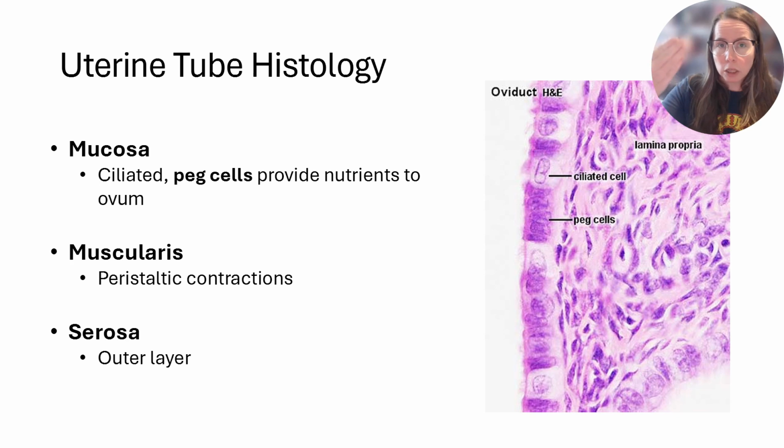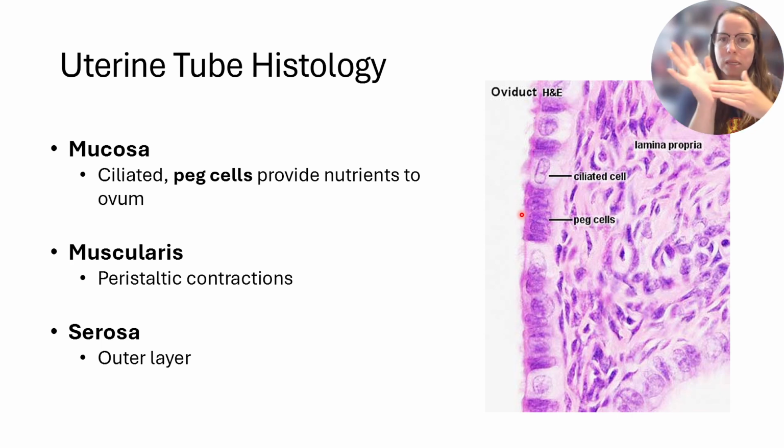Now, if we look at the uterine tube underneath the microscope, this is what we would see. So here's the lumen right here. This is where that egg or the fertilized egg would be found. And we can already see we have cilia here on the edge because this is where cilia really play a huge role. There is peristalsis, but there's not enough to really push the whole egg all the way.